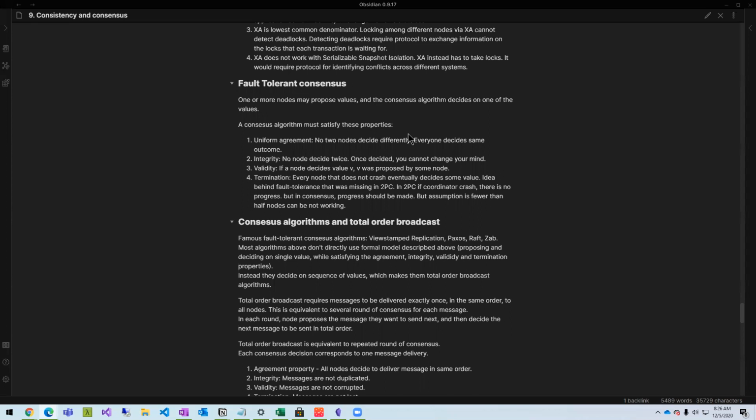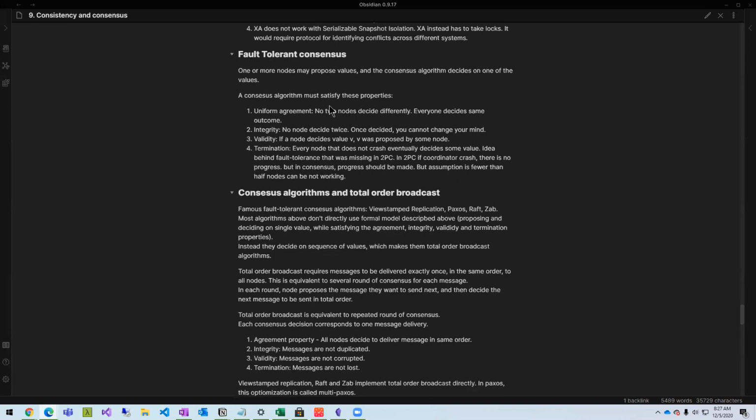It should not stop working if less than a majority of the nodes have died. If more than a majority of the nodes are working, then our system should be able to reach consensus. So this is the intention behind fault tolerant consensus, right? And a consensus algorithm must satisfy these four properties.